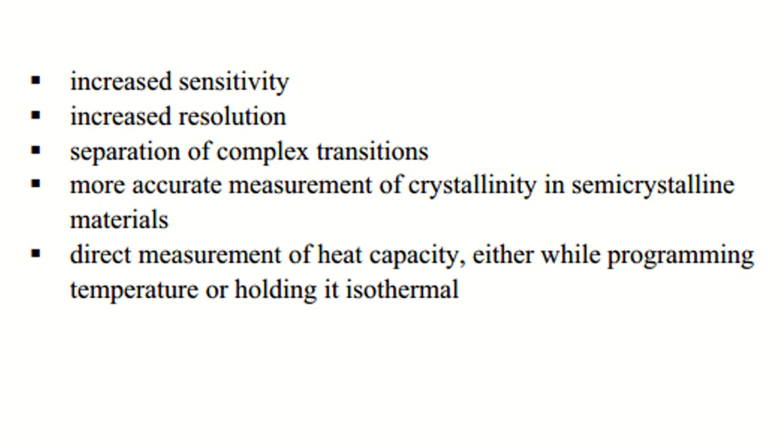And the fifth is direct measurement of heat capacity either while programming temperature or holding it isothermal. These are some of the key differences between conventional or traditional DSC and modulated DSC.